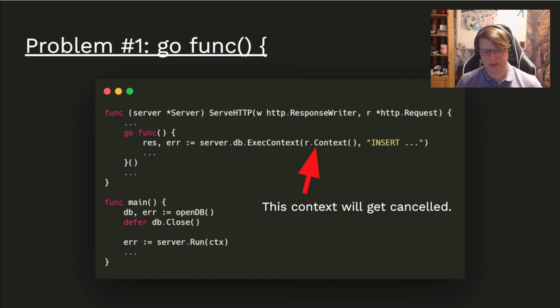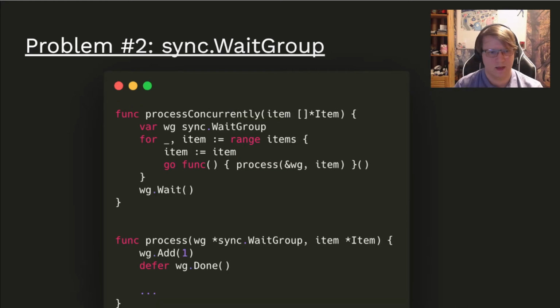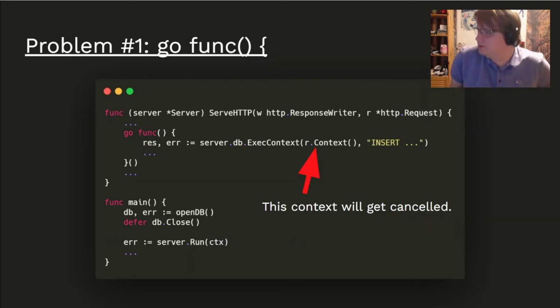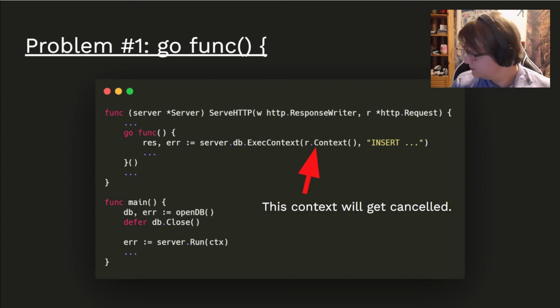That might not be a bug. In some cases you may want to cancel it. In other cases, you definitely want it to complete. So you need to be aware at least that it might get cancelled. Any questions about this one? I hope it was clear.